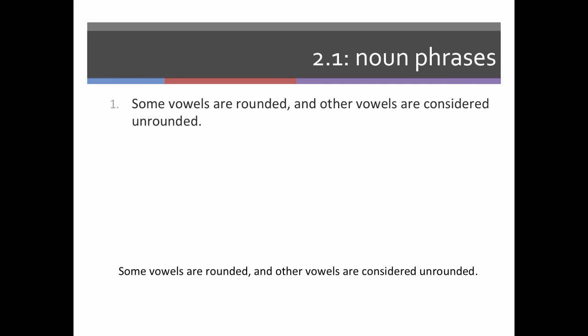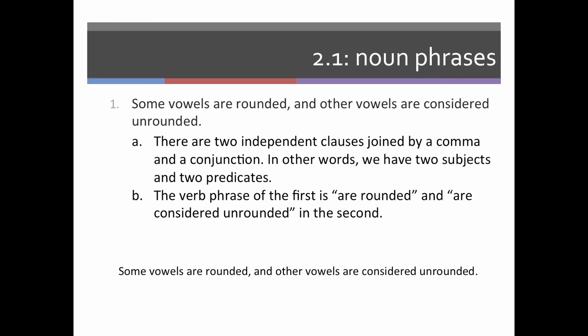So if you look at section 2.1 from your textbook, it asks you to do just what we've done to identify the noun phrases. So let's first just discuss this sentence. Some vowels are rounded and other vowels are considered unrounded. So we have 2 independent clauses.